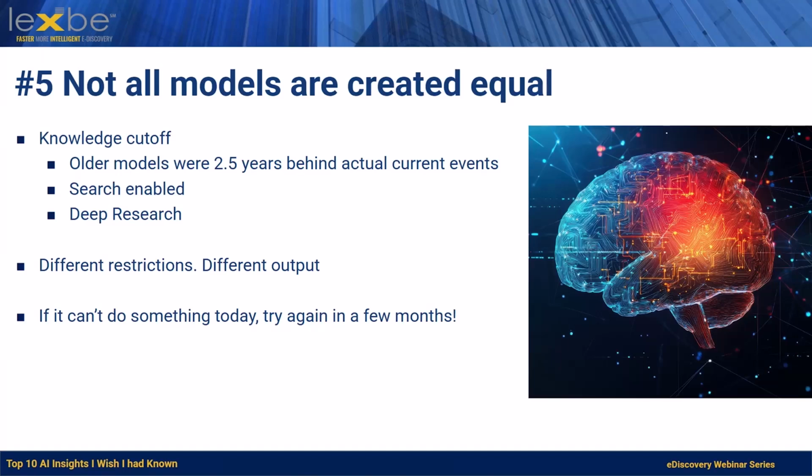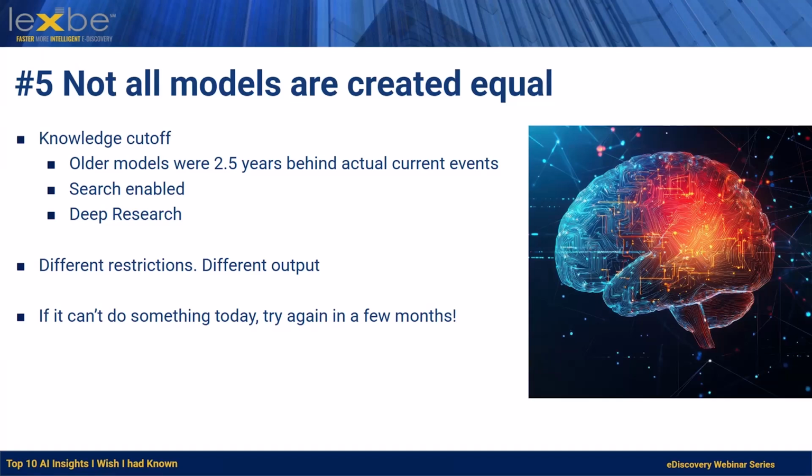So by the time a new model hit the market, its knowledge was not up to date. It was 2.5 years behind. So if you asked who won the Super Bowl last year, it wouldn't know. It just wasn't in the training set.